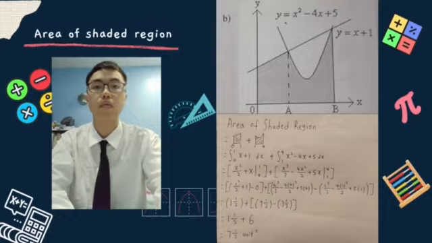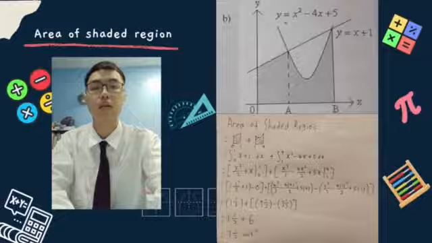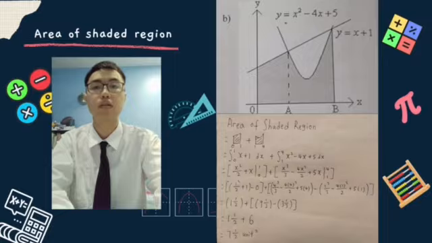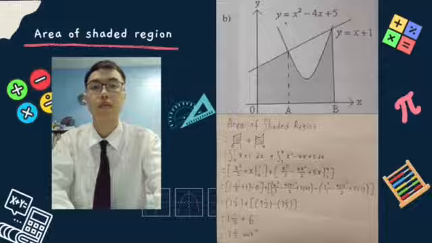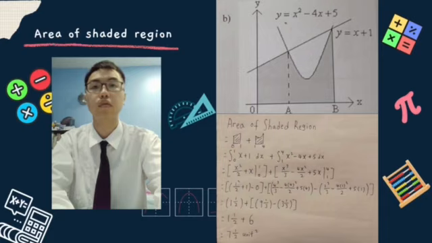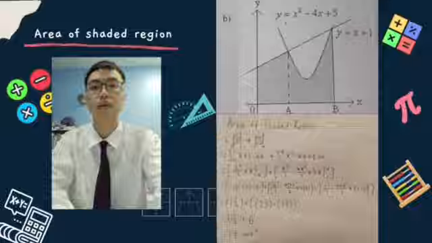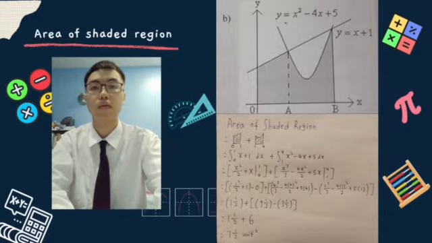So we will calculate 9 and 1/3 minus 3 and 1/3. We will have the answer which is 6, and then we will have to add the 6 with the 1 and 1/2, so that now we will get the area of the region, the final answer, which is 7 and 1/2 unit squared.